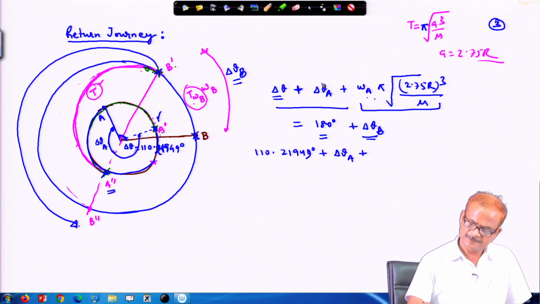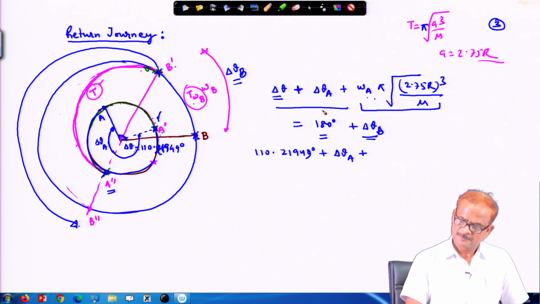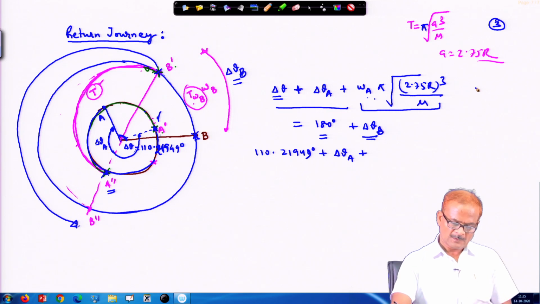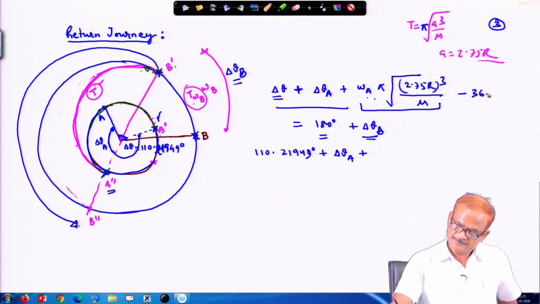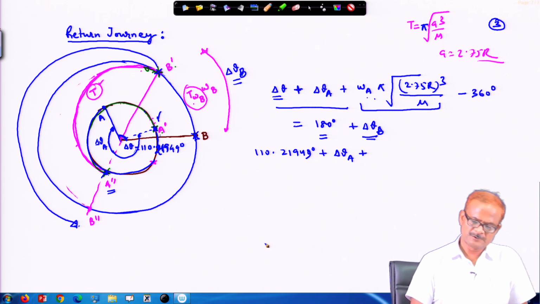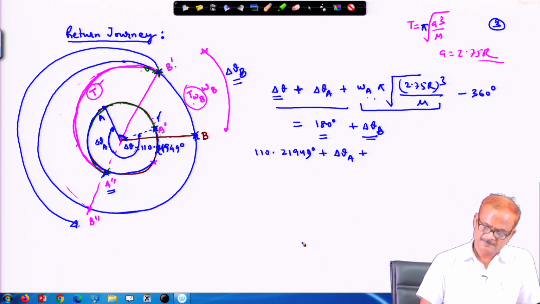So, we subtract 360 degree here. This is the total location; delta theta was this angle.